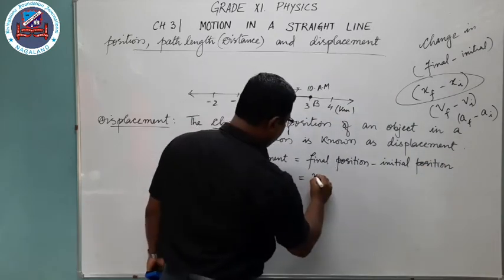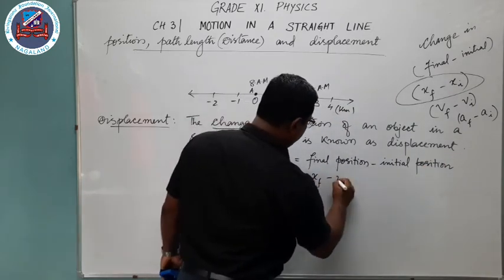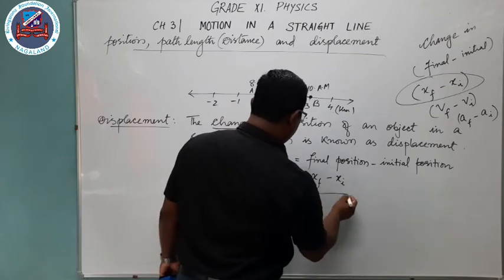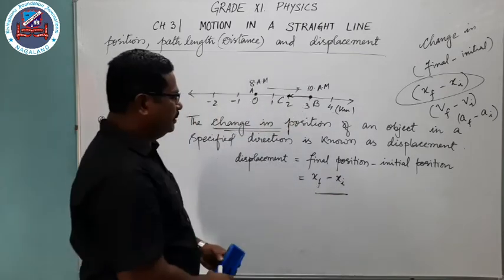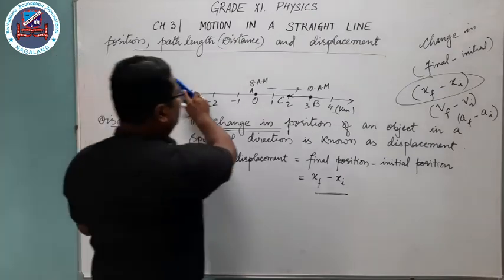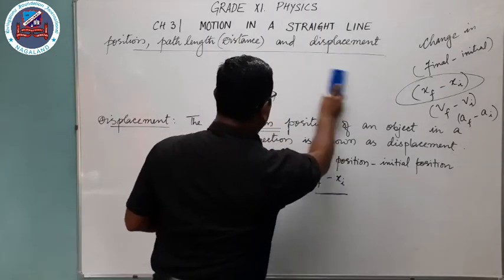Final position if you write xf, initial position if I write xi, then this difference will give us the displacement. Now let us see this number line again.